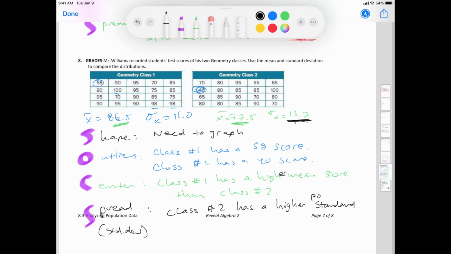We could say population standard deviation to be more specific, than class 1. Right? Those are facts.